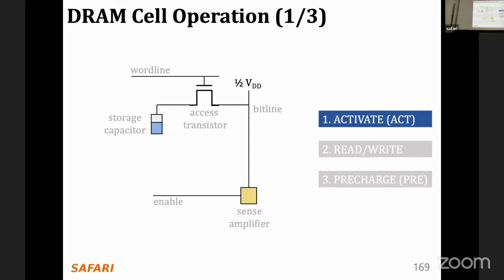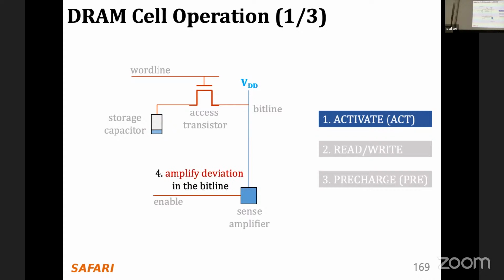During the activate command, the memory controller asserts the word line, connecting the storage capacitor to the bit line. This allows the storage capacitor to lose charge to the bit line, generating a perturbation in the voltage level. The sense amplifier is enabled and senses this perturbation in the bit line voltage level, driving it either to VDD or to ground.